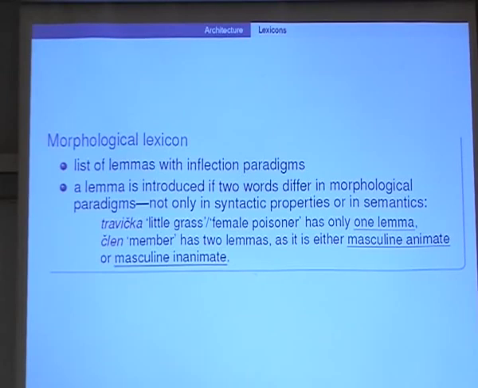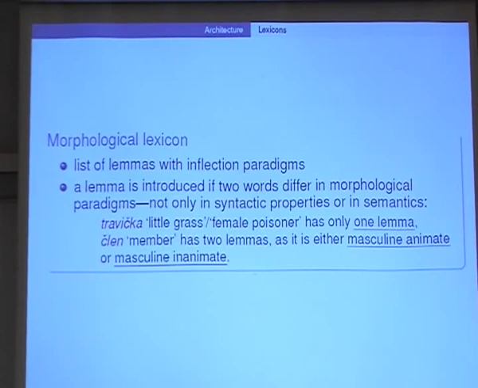As far as the lexicons are concerned, we work, as I said, with a morphological lexicon, a syntactic one, and a multi-word lexicon. This is the morphological lexicon. It contains, in a classic way, a list of lemmas with their inflection paradigms and morphological properties. A lemma is introduced if two words differ in morphological paradigms, not only in syntactic properties or in semantics.